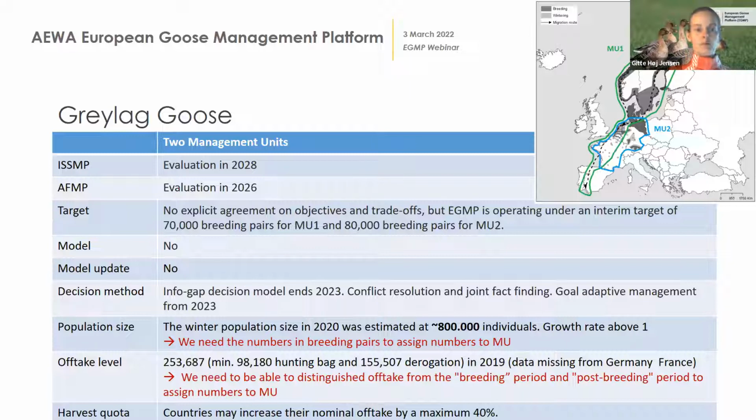The same for the AFMP, which is evaluated in 2026. Currently, we don't have any agreements on objectives and trade-offs, and again, we have some iterative targets of 70,000 breeding pairs for management unit 1 and 80,000 breeding pairs for management unit 2.